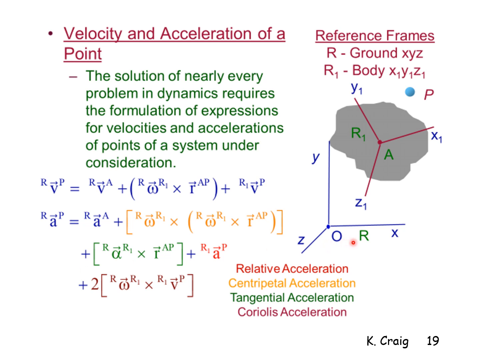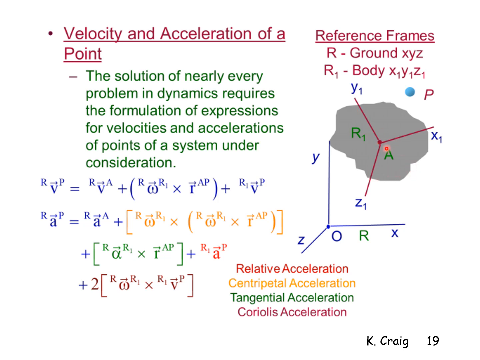I have a grounded reference frame R. This is my inertial reference frame attached to the ground. There's a point P that I want to understand the motion of, and I need its absolute velocity and absolute acceleration. So the velocity and acceleration of P with respect to ground. There's also a moving reference frame, a moving rigid body that perhaps I'm located on, with a reference frame x1, y1, z1.